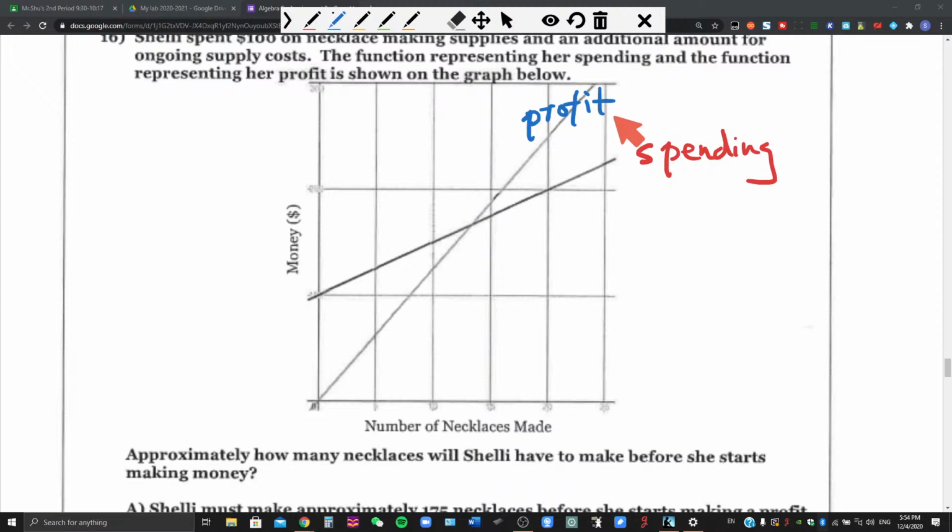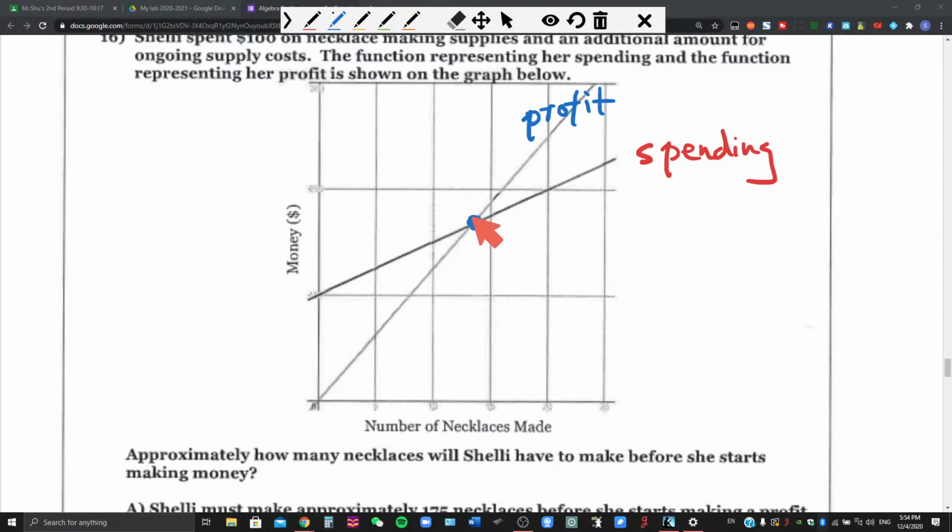Because when you start a business, normally in the very beginning you spend more than you can earn, and gradually after some time your profit will increase and exceed the spending. Then you will be profitable. Well, the question is approximately how many necklaces will Shelly have to make before she starts making money? And you can tell this profit line actually overtakes the spending line starting from this point.